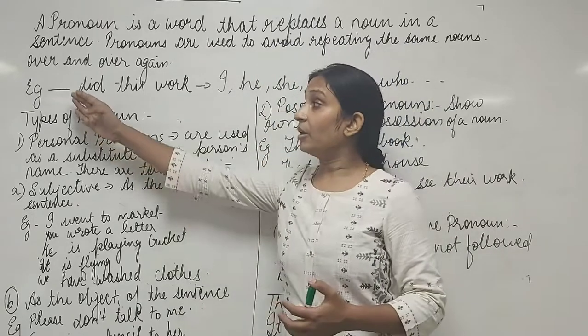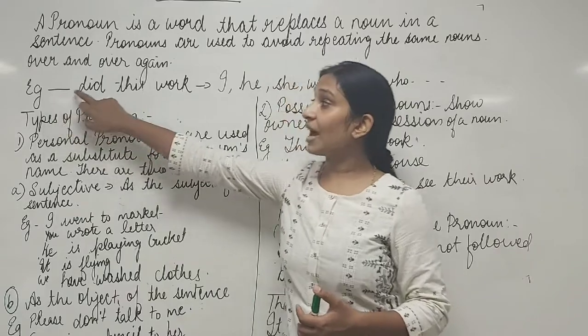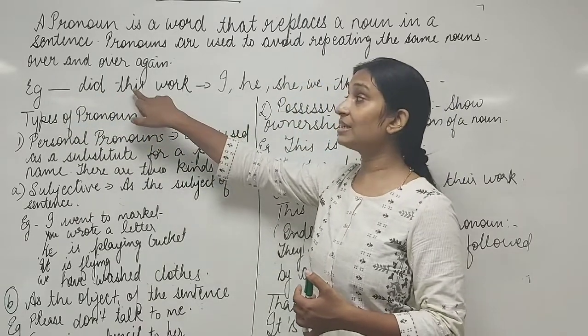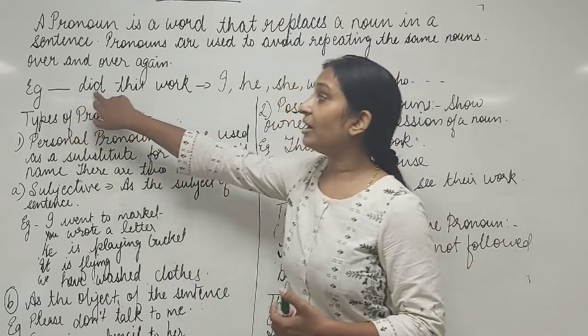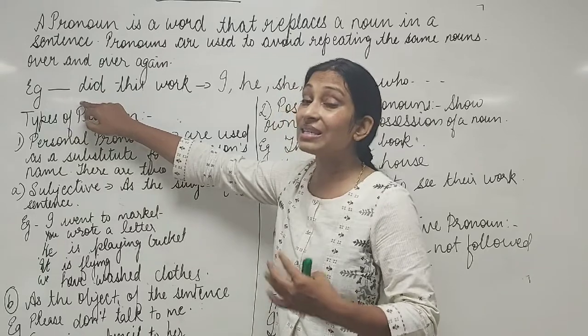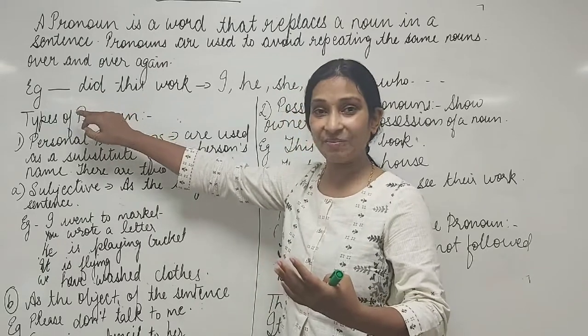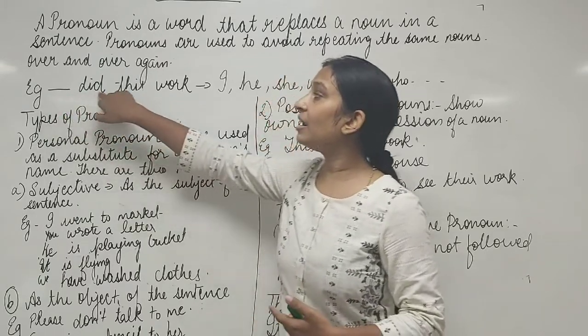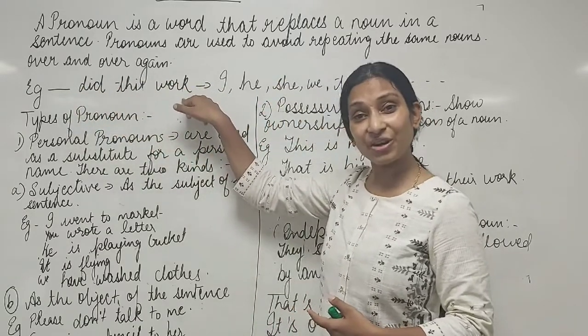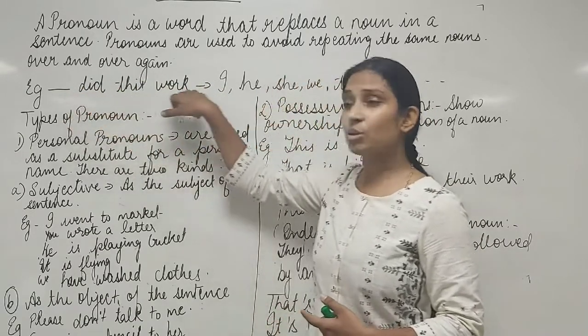Now, example. Here, if I put a dash here, did his work or did this work, not his, this. Dash did this work. Now here, I should place a name of a person, isn't it? Seema did this work. Sita did this work. Ram did this work.